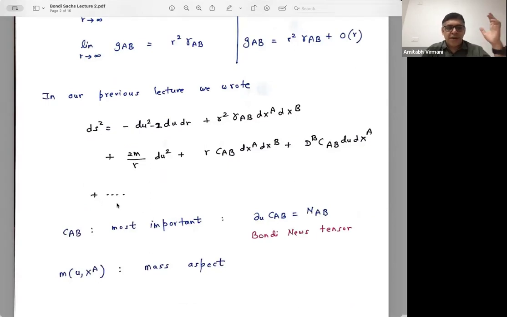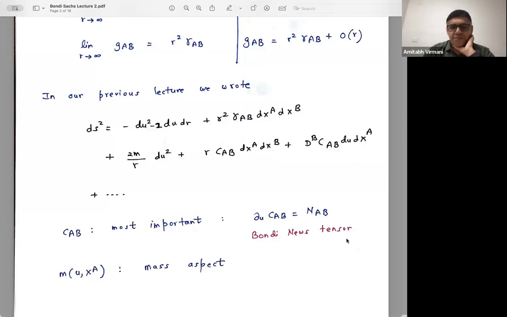Okay, but before we go into the subleading terms, if you want to get something out of these lectures, then CAB is the most important quantity. CAB is the quantity that carries every information about gravitational waves in this Bondi-Sachs formalism. The U derivative of CAB is the news. It has 3 names: news tensor, Bondi news, or Bondi news tensor, whichever you call it.